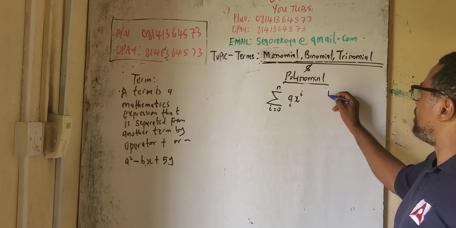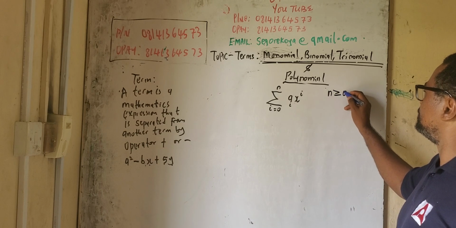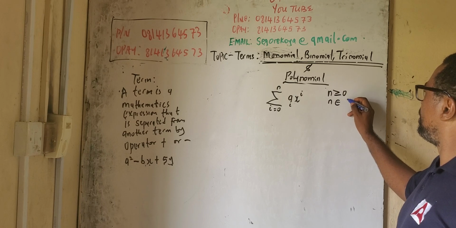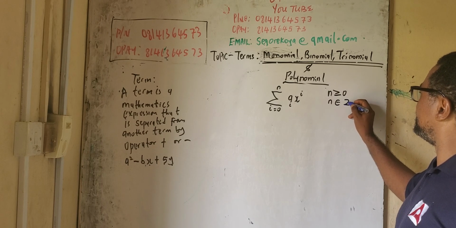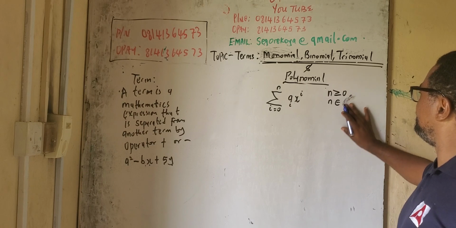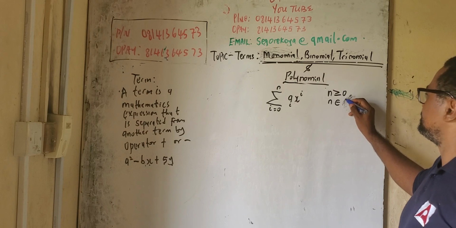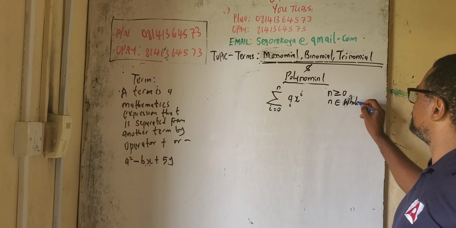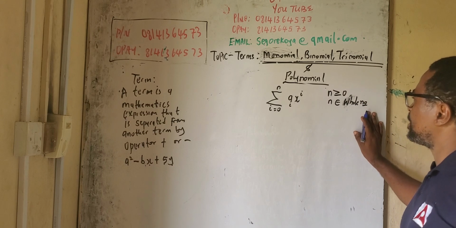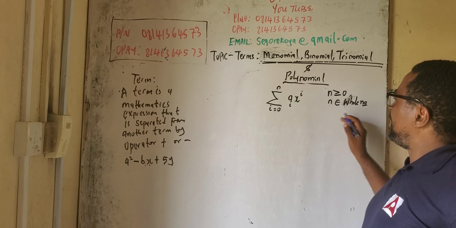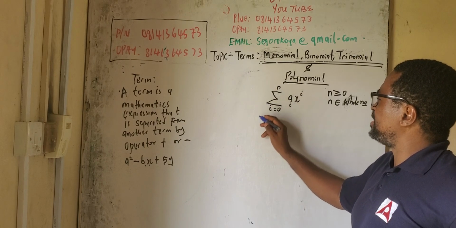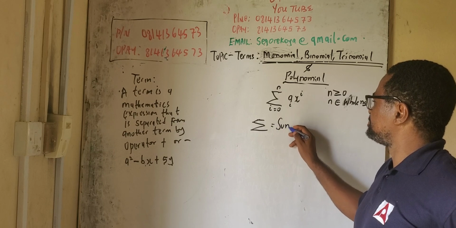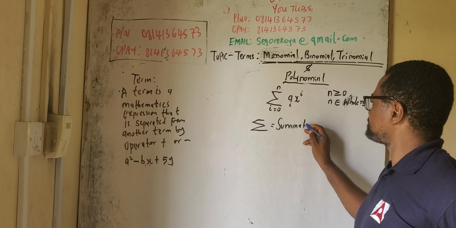So in this case, n is greater than or equal to 0, and n must be an element of the whole numbers.